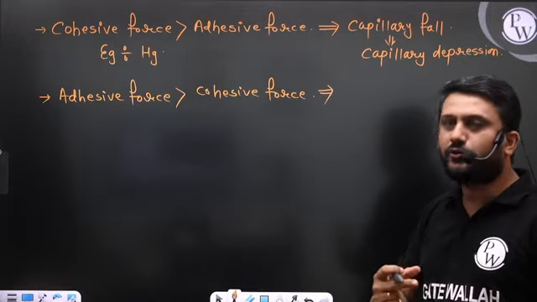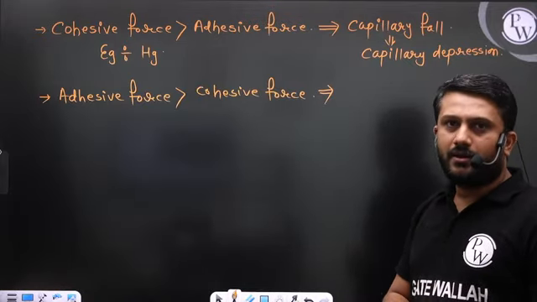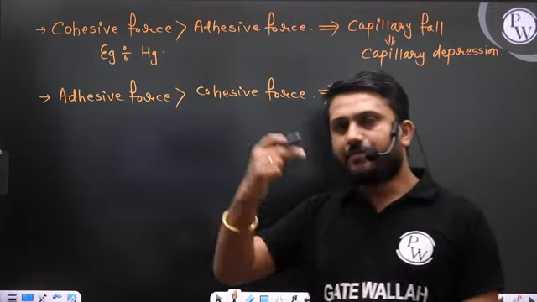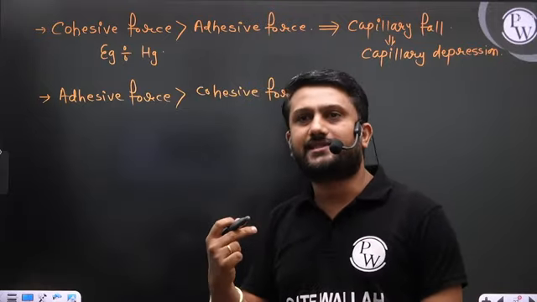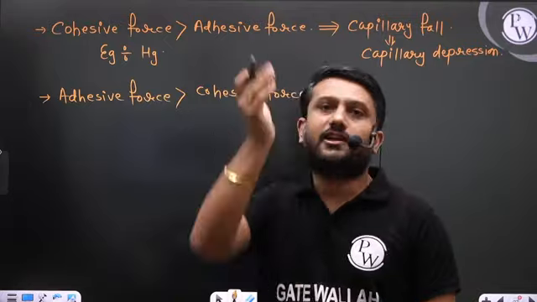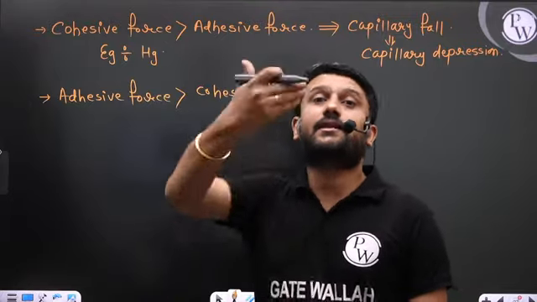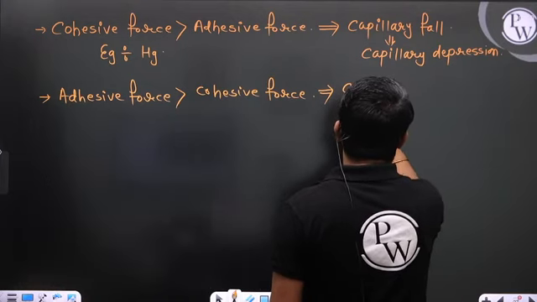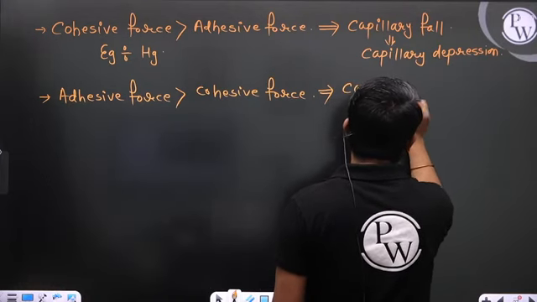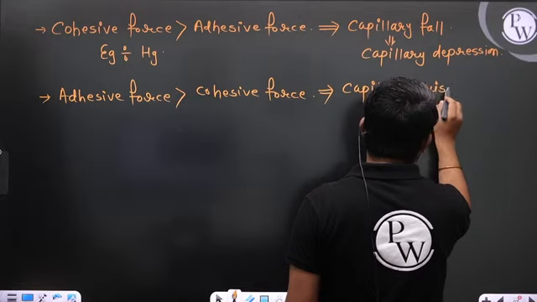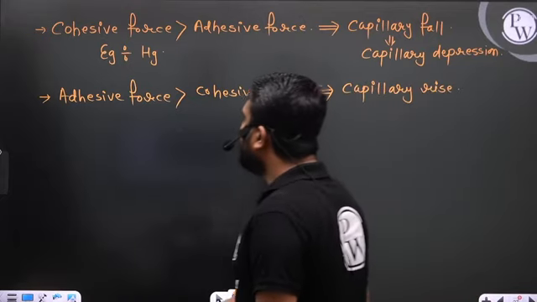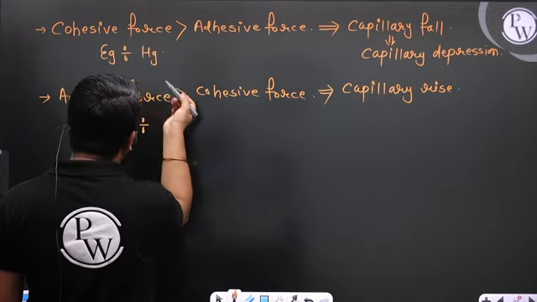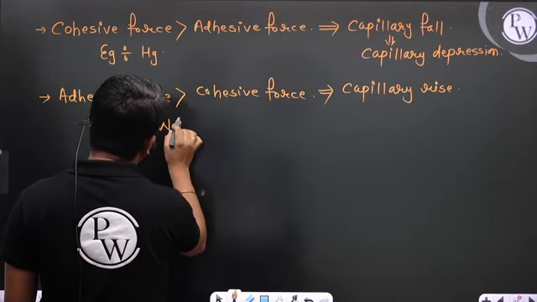If you put a narrow tube in a liquid where adhesive force is greater than the cohesive force, then in that tube the liquid rises. That is called capillary rise. And the example is simply water.